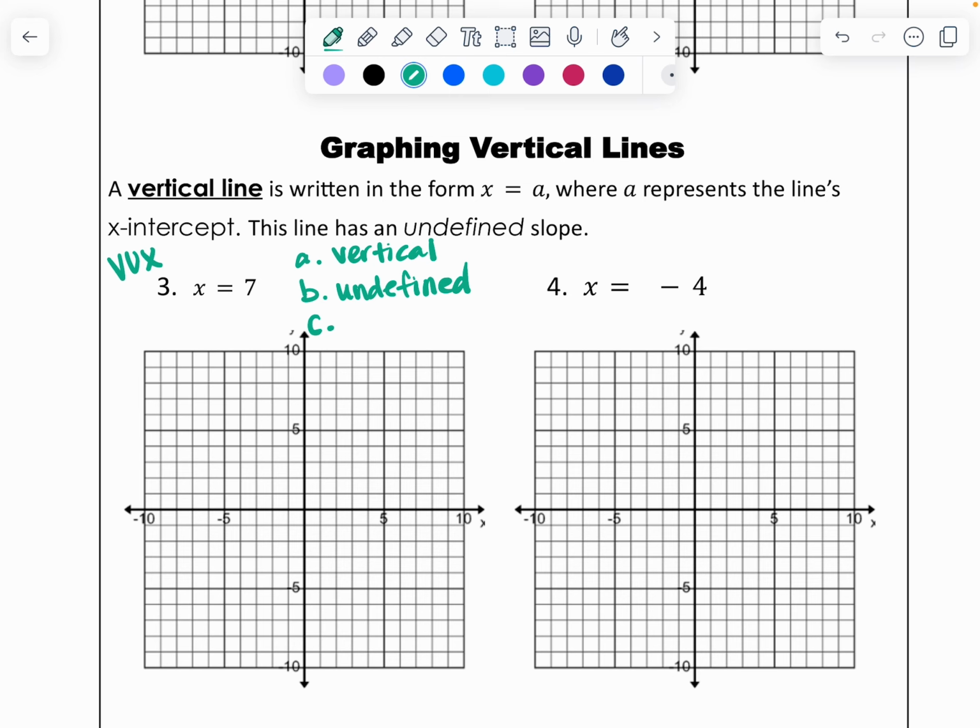It crosses the x-axis at (7, 0), because remember, an intercept always has 0 for y. So now I plot (7, 0). And I know this is a vertical line, so I only need to plot that one point and draw the rest of my line.